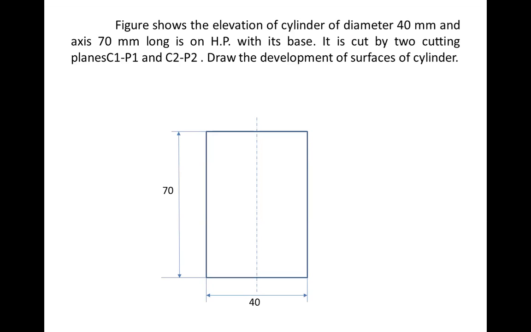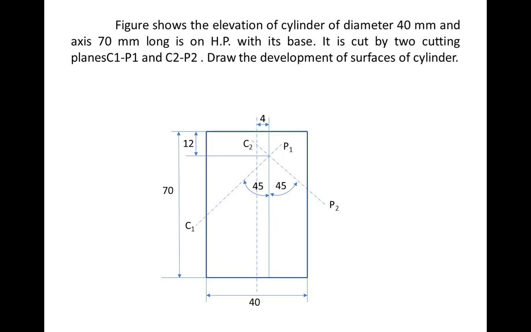This is the cylinder of 40 by 70 size, and it is cut by a plane at a 45 degree angle to the axis, C1P1, and this is C2P2. Each is having 75. They intersect at 4 millimeter distance from the axis. The intersection point is 12 millimeter from the upper surface. So this is about the geometry.